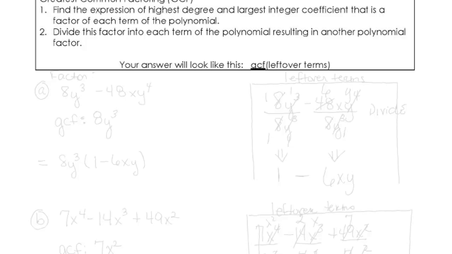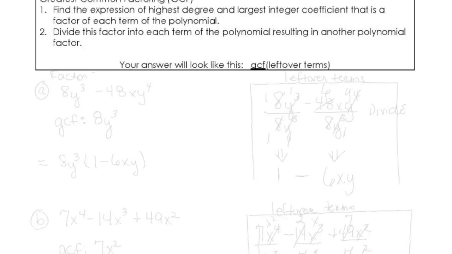It can't be one without the other. Okay? So let's say there was a third expression here, and the number was 3. Well, other than 1, there would be no GCF.